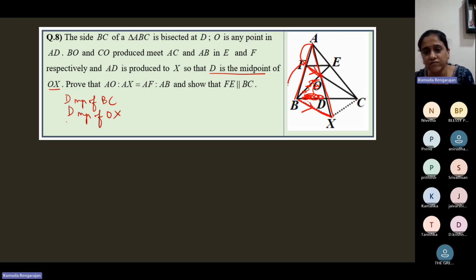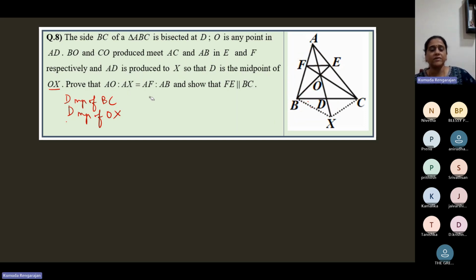AF by FB is equal to AO by OX. And then you can add 1 and get this result: AO by AX, the full thing, is equal to AF by the full thing AB. So you'll have to prove that FO is parallel to BX. Only then you can get that proportion.